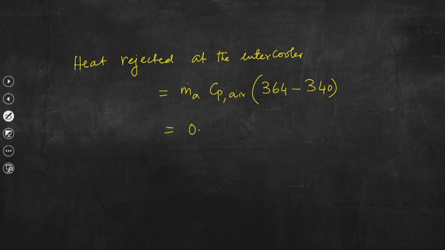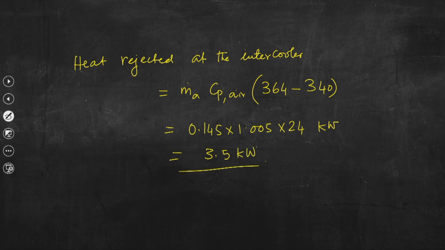This is 0.145 into 1.005 kilojoule per kg Kelvin into 24, and the unit should be kilowatt. So, the answer comes as 3.5 kilowatt. This is the answer to the last part of this question.